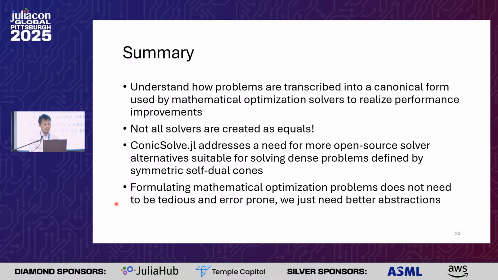In summary, what I found through developing this package is how tedious it is to define those matrices and vectors. I think one thing the optimization community needs to focus on is finding better abstractions for indexing into arrays and matrices, and coming up with a language to express those constraints for any given optimization problem.